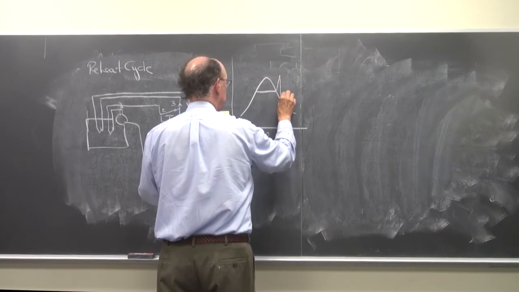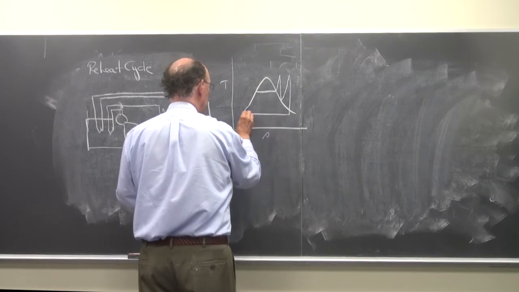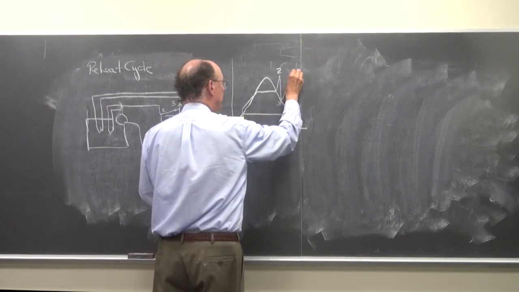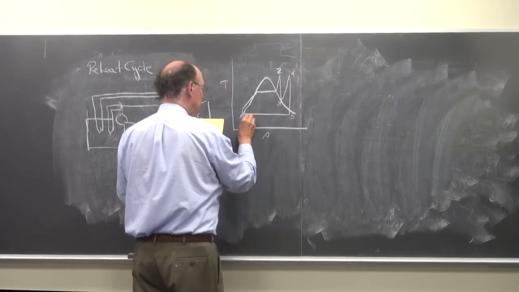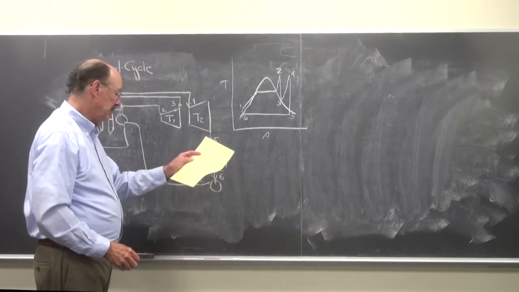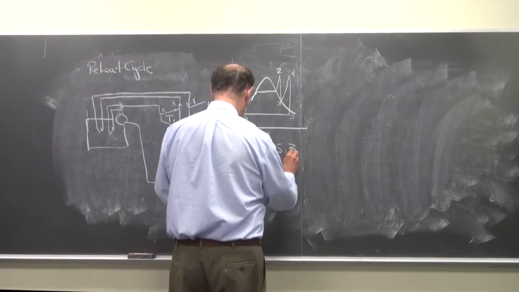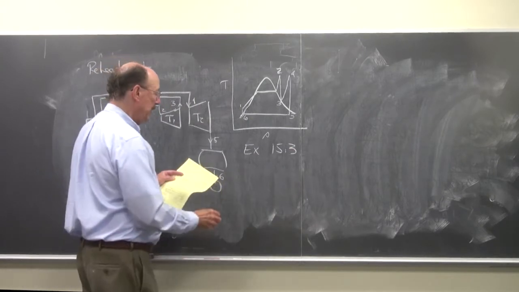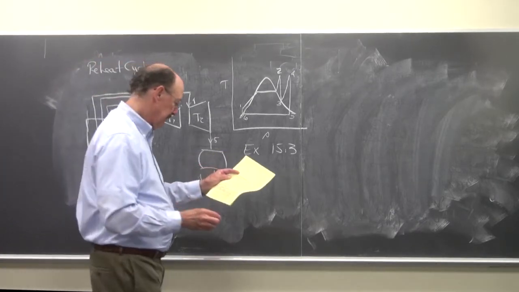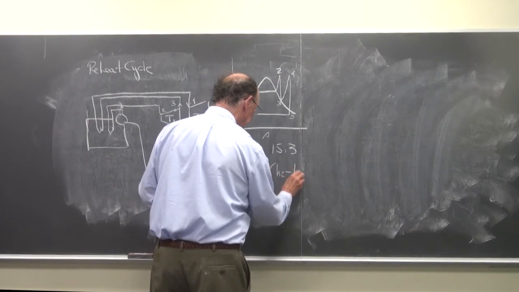Partially expand down to 3, back to 4. So we have 2, 3, 4, 5, 6, 1. If we look at example 15.3, go to the book, look at that, we see that Qn is equal to H2 minus H1.